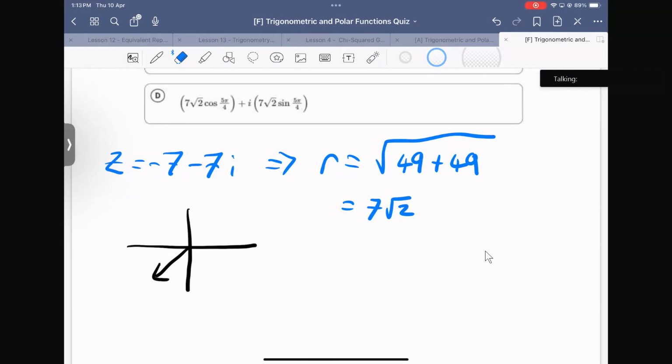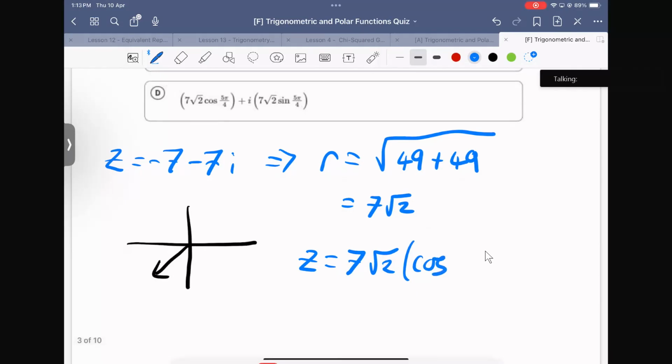So this is going to be 5 pi over 4 down there. So z is equal to 7 root 2 cosine of 5 pi over 4 plus i sine 5 pi over 4.